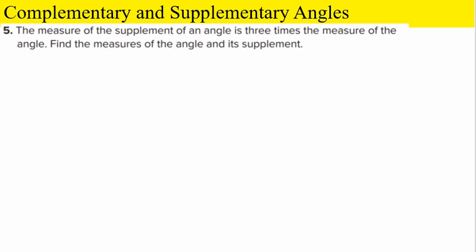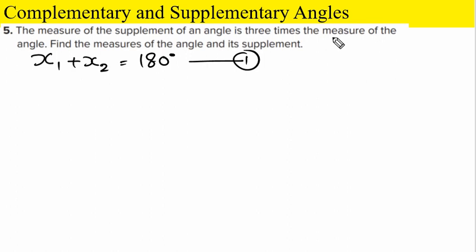Now this question is saying the measure of the supplement of an angle is 3 times the angle. So let's say x1 and x2 are supplementary angles. So x1 plus x2 is equal to 180 degrees, equation 1.